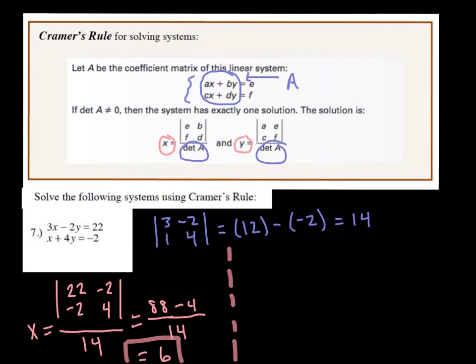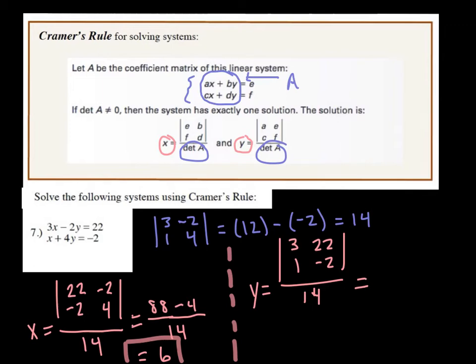So y is going to equal the determinant of 3, 1, 22, and -2. Again, we keep the coefficients with the x, replace the coefficients with the y with what our equation equals, over the determinant, which still is 14.